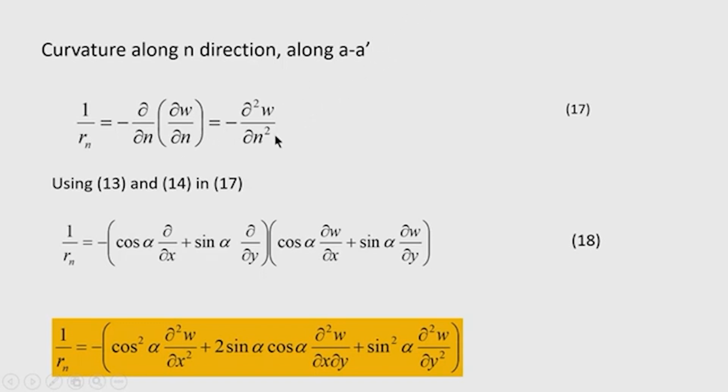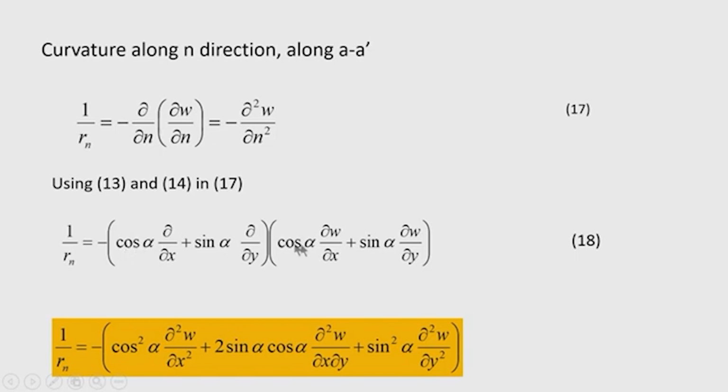Now, using the earlier relation that we have found, the operator del by del n is written here as minus cos alpha del by del x plus sin alpha del by del y, and this slope we have also found out, del w by del n, which is written as cos alpha del w by del x plus sin alpha del w by del y.